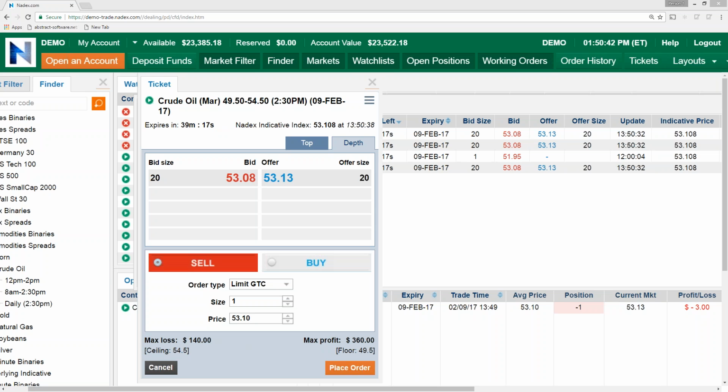Now, in all reality, I know that the market probably won't move that much between now and the next 40 minutes. So how would I put something in to manage this? Maybe I try to put in an order to buy this back if the market trades 52.5.